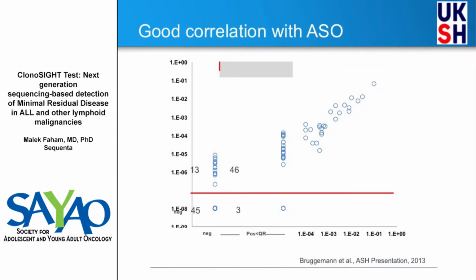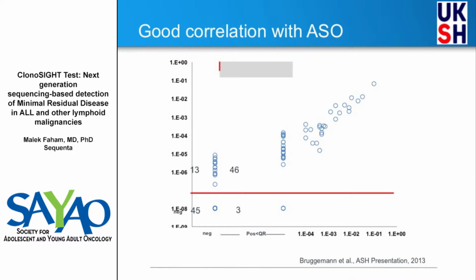This is yet another validation, with the Euro-MRD. Euro-MRD have been doing allele-specific PCR for years, and this is actually a slide from Dr. Bruggemann's presentation at ASH, so I just copied it exactly, so it's a different format than the rest. I apologize for that. Basically, these are the results from allele-specific PCR compared to sequencing.